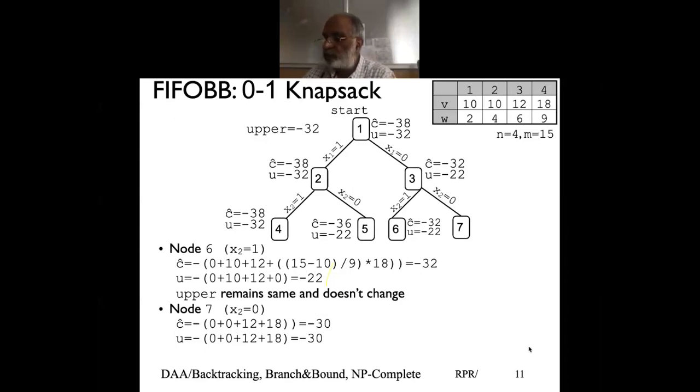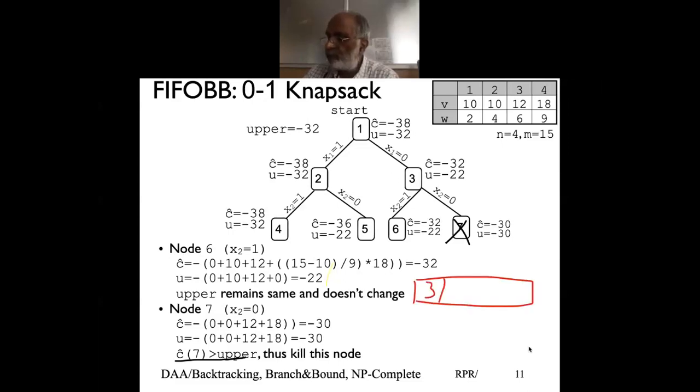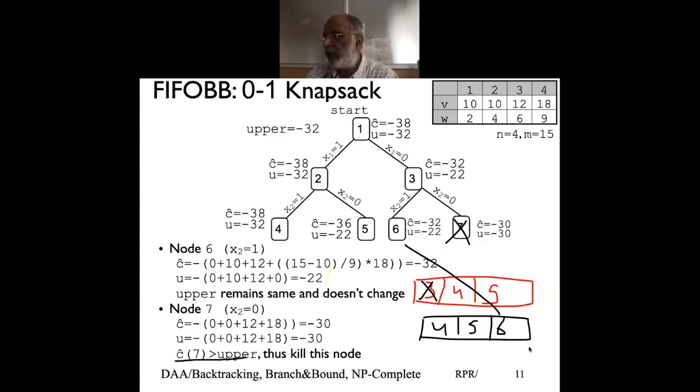We have to make sure we look at that part: C hat exceeds upper, so we kill this node and will not consider it. Earlier my queue was 3, 4, 5. We have taken node 3 out and killed node 7, so my queue becomes 4, 5, 6, which get added, and 7 we basically killed. In this queue, the next item is number 4, so we explore node number 4.